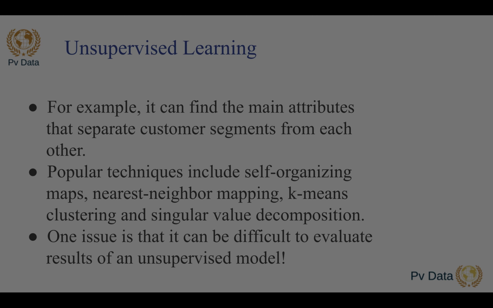For example, it can find the main attributes that separate customer segments from each other. Popular techniques include self-organizing maps, nearest neighbor mapping, k-means clustering, and singular value decomposition. One issue is that it can be difficult to evaluate the results of an unsupervised model.